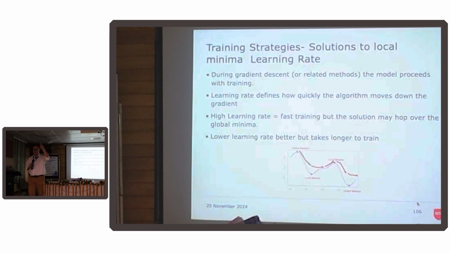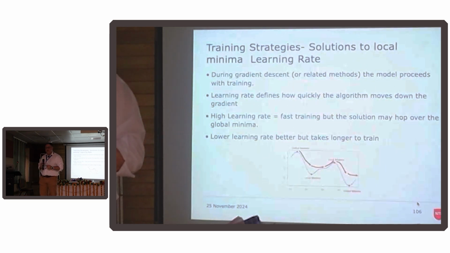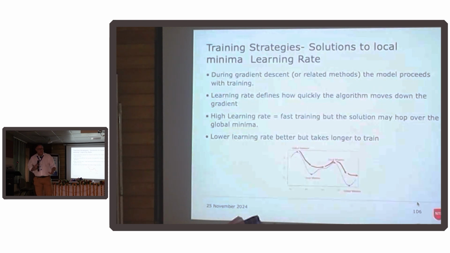So it makes big leaps at the beginning, but as it starts to train, that learning rate starts to get smaller. So they achieve the global minimum, bigger, and then smaller and smaller and smaller steps. Because if you're looking at lots and lots of models, you want it to run quickly. You don't want each model to take a month to train. So you use a strategy like that.